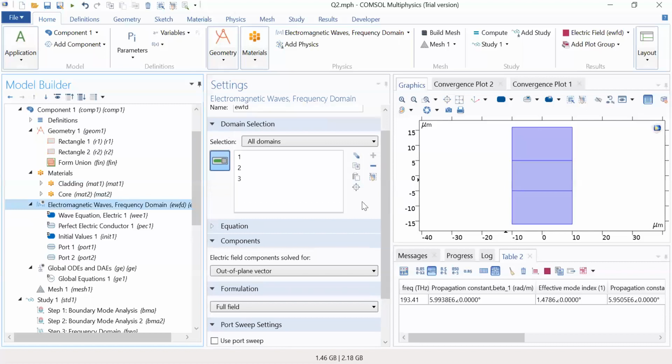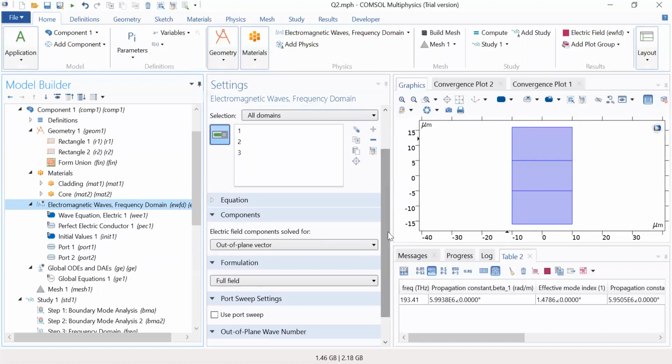We need to solve this in all three regions. We already put in the three areas of interest, 1, 2, 3, and we are working on the transverse electric field.